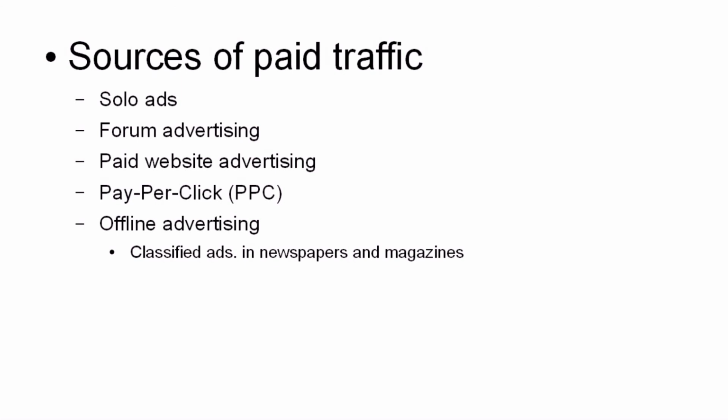In particular, you can have a QR code printed in a classified ad or in a small ad in a newspaper or magazine. And because so many people surf the internet on smartphones now, once they scan that QR code, they can go straight to your squeeze page from their cell phone and sign up right away. So this is something that's rather underutilized at the moment.